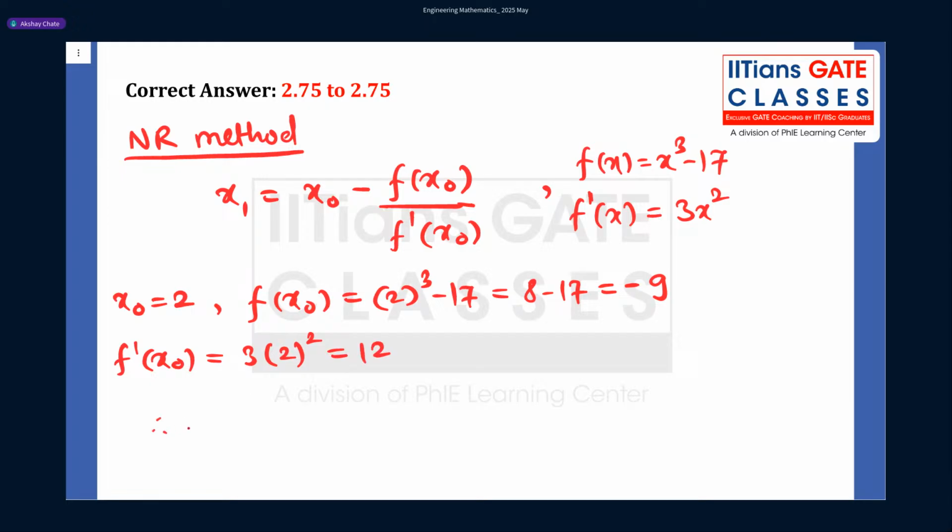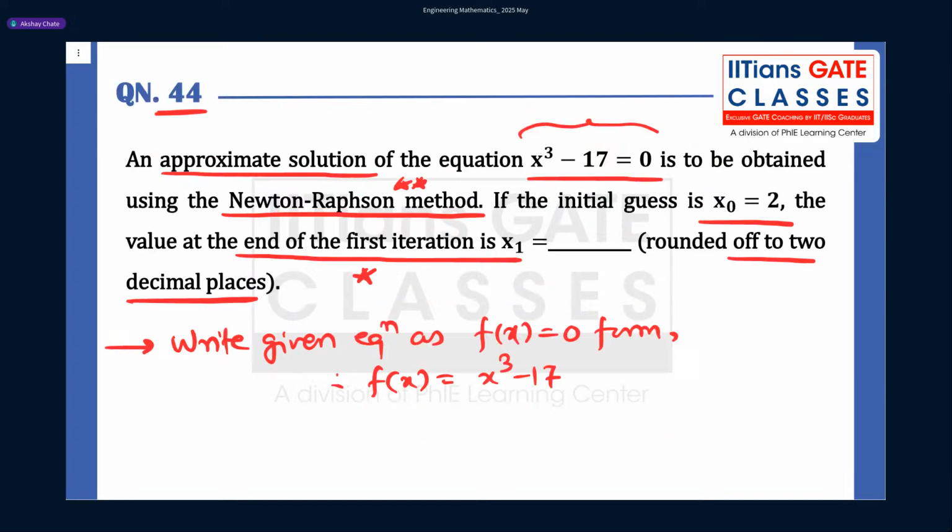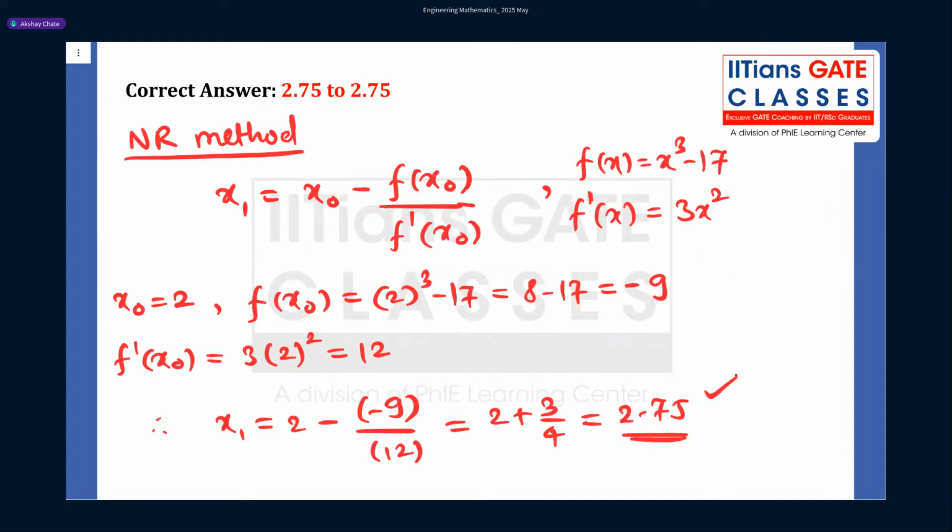Therefore your x1 is 2 minus minus 9 divided by 12, which is essentially 2 plus 3 by 4. 3 by 4 is 0.75, so it will be 2.75. They were asking you to round it off to 2 decimal places, so 2.75 is the final answer. That is also the correct answer given in your answer key. So this was the standard Newton-Raphson method question.